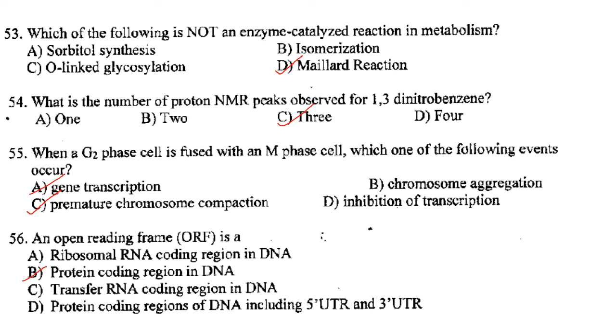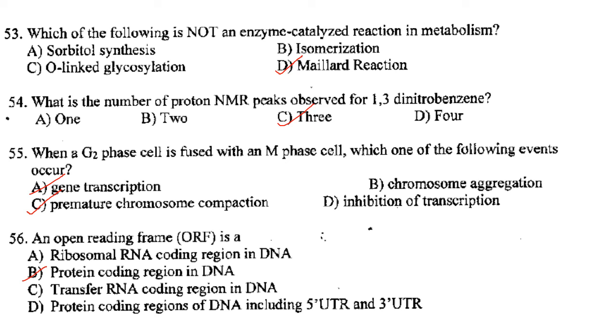Then when a G2 phase cell is fused with the M phase cell, which of the following events occur? So G2 phase, the cell grows more, makes proteins and organelles, and begins to reorganize its contents in preparation for mitosis. G2 phase ends when mitosis begins.